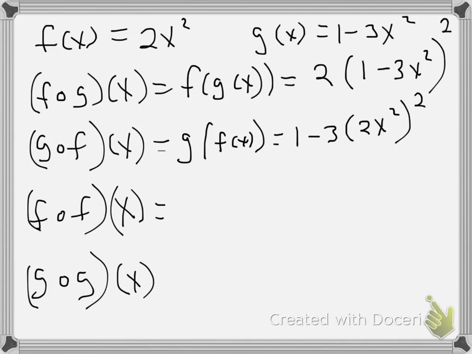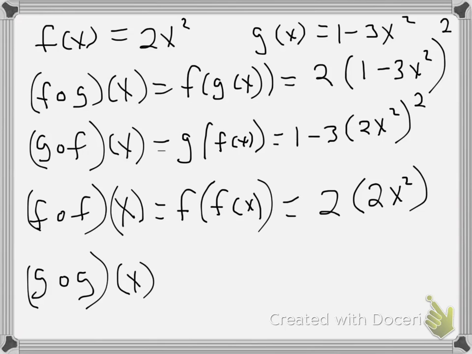Now f of f means that we're going to take f and take what f is itself and put it back into f. So 2, but instead of an x squared, I'm going to replace that x with a 2x squared, and that's going to be squared. Right? And again, we could simplify that into 8x to the 4th power, but we don't necessarily have to do that here.